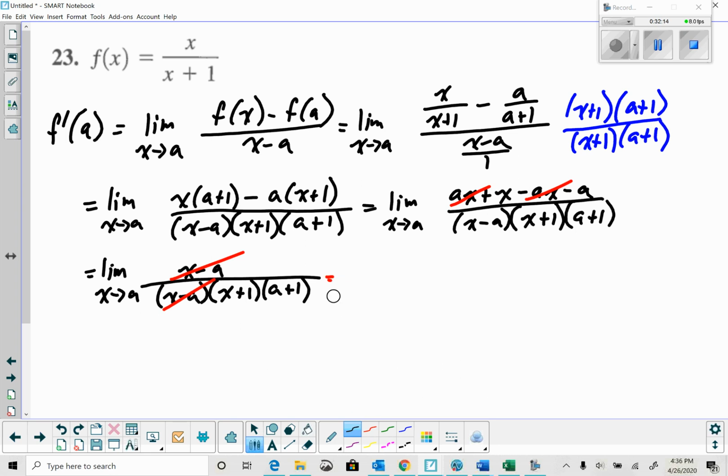Which then gives me the limit as x approaches a of 1 over x plus 1 times a plus 1.